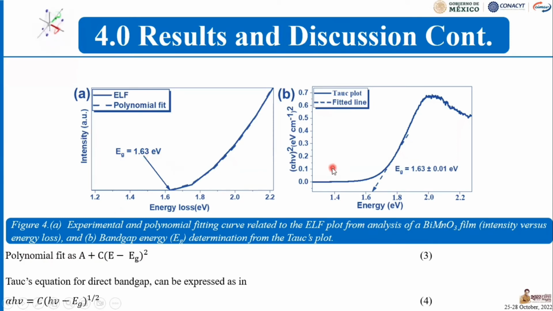In 4B, we have the conventional Tauc plot method for estimation of the band gap from UV-Vis spectroscopy data, and it was found to yield a band gap equivalent to 1.63.